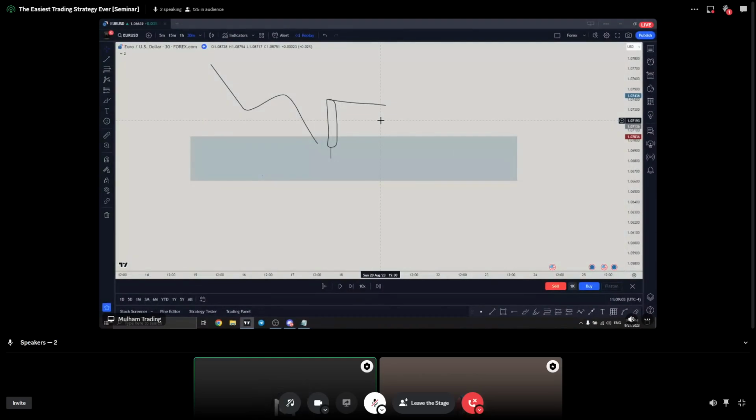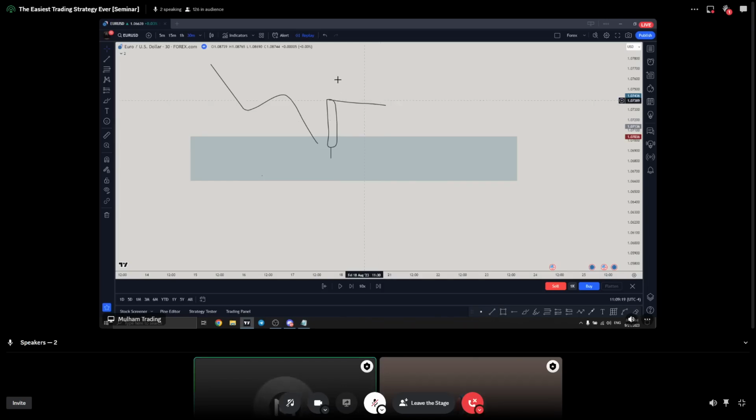Now, this is the beginner's approach. So anyone here who has been struggling, or is not even learning ICT or SMT yet, has not put in the time or the effort yet, or just got introduced to this style of trading, then maybe you can try this.